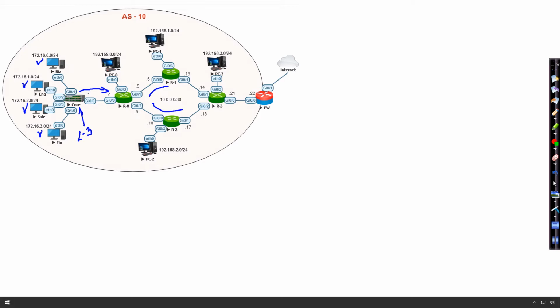Each router on gigabit 0/3 has a PC to simulate a LAN on 192.168, followed by the number of the router respectively. Then upstream of router 3 is the firewall, where it has full connectivity to the internet.